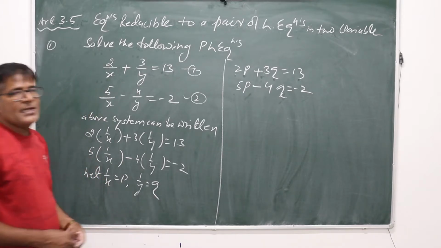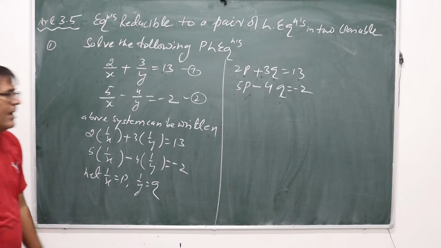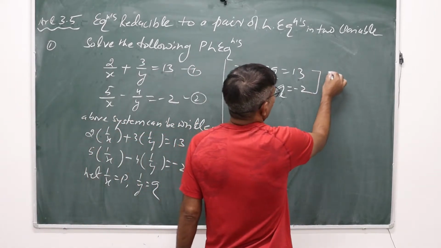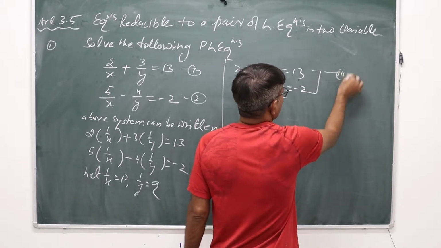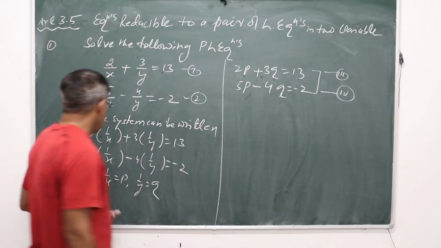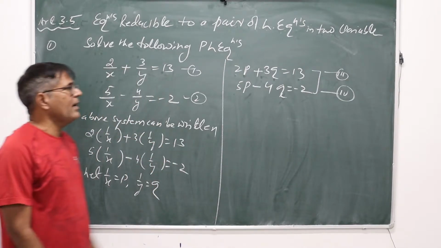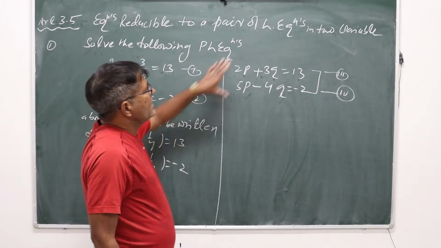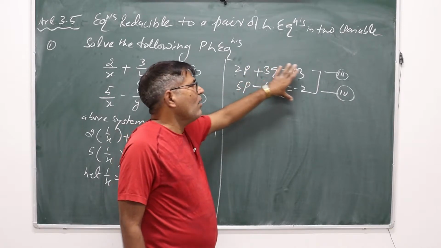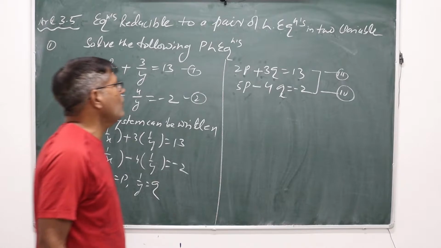Previously, in the place of p and q, there were x and y. Let us call this the third equation, and this the fourth. After these are reduced to standard form, we can solve this pair of linear equations by the substitution method, or by the elimination method, or by cross multiplication, whichever is suitable for you.